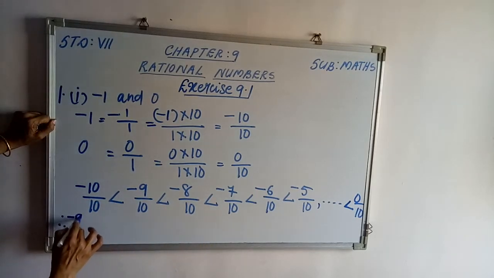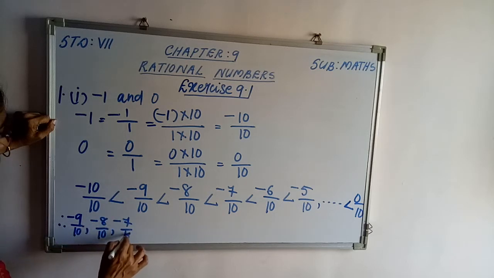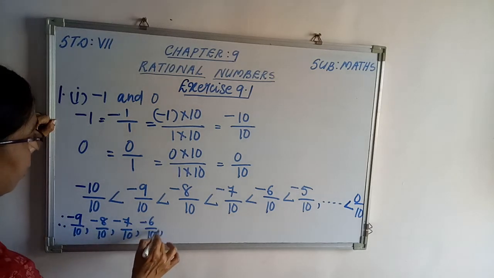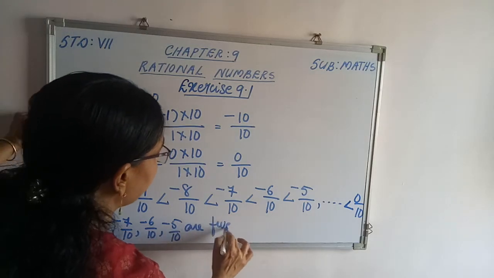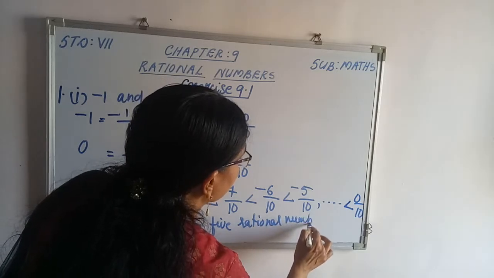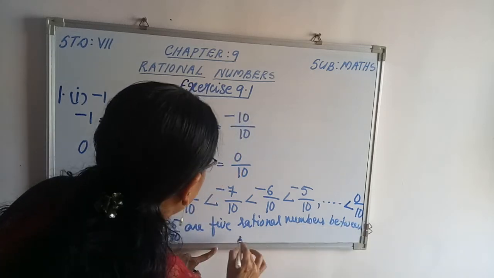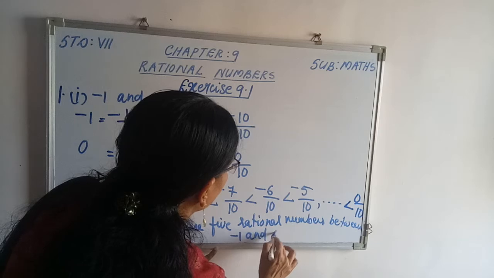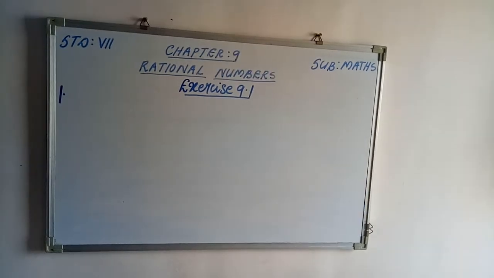Therefore, minus 9 upon 10, minus 8 upon 10, minus 7 upon 10, minus 6 upon 10, minus 5 upon 10 are 5 rational numbers between minus 1 and 0, or minus 10 upon 10 and 0 upon 10. Okay. Now second one, it is minus 2 and minus 1.